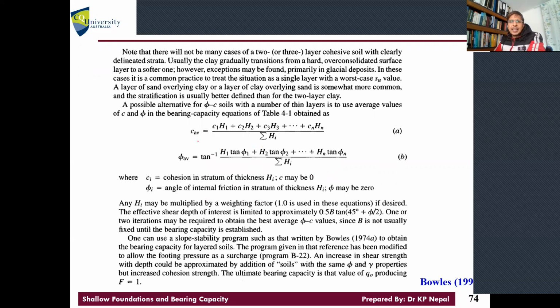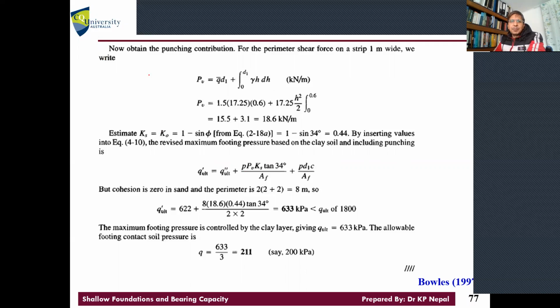So what I did is we first calculated PV. This is the passive punching contribution, we call it. So Q dash D plus that. The equation is given before, right? PV. What is Q dash? Q dash is gamma, and then this is D, and this is gamma. So 0.6 is the D1, the first layer, the sand layer thickness, right?